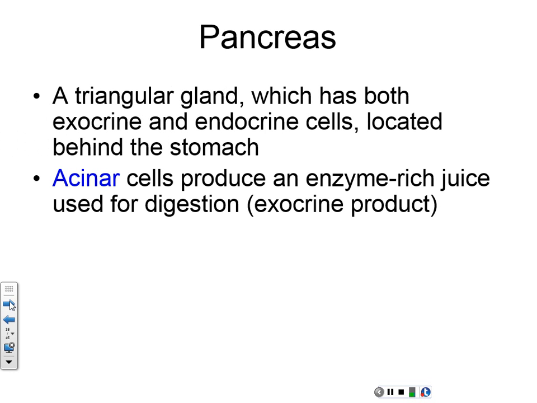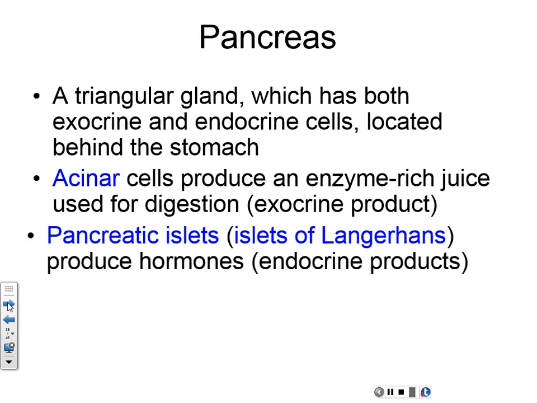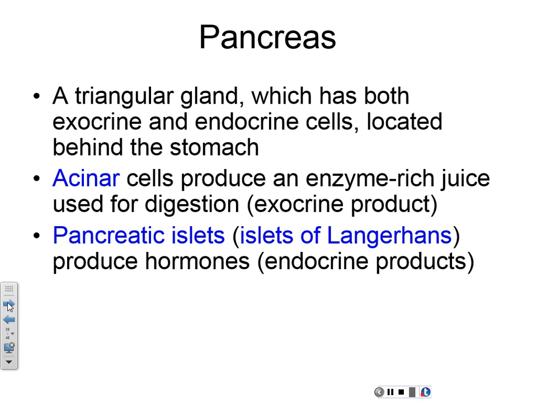So now we go to the pancreas. The pancreas is another gland that has an exocrine function, which produces the enzymes, the acina part, and then it has the endocrine function that produces insulin from the beta cells, islets of Langerhans, and glucagon from the alpha cells.